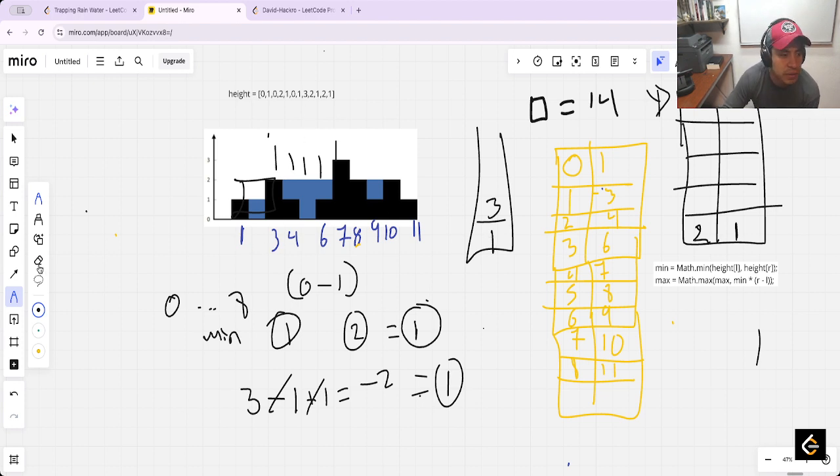Now, okay, we have this calculus now between this and the next. Now it is between 1 and 2. In between 1 and 2 is basically this.